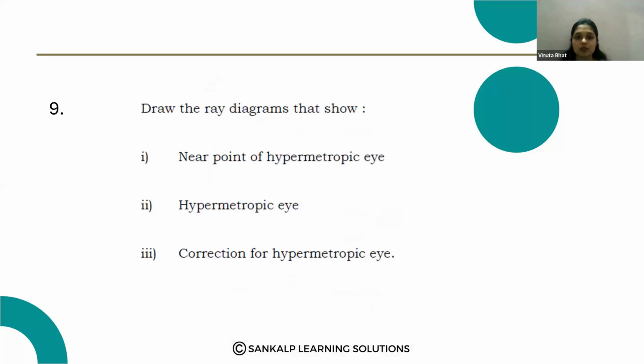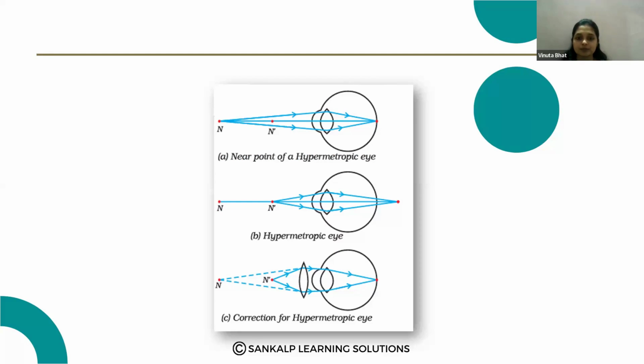This same question was also asked in the question paper. These ray diagrams you have to practice.